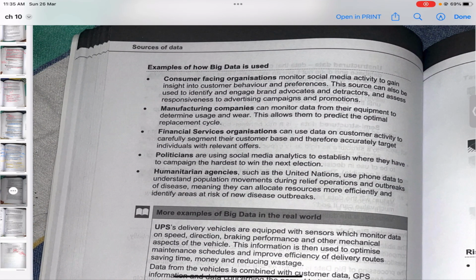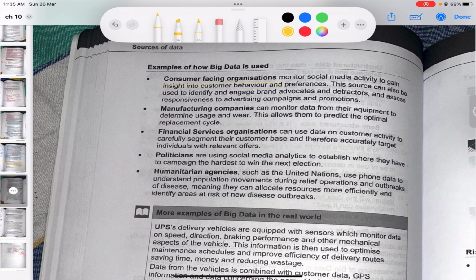So these are the ways in which big data can be used by management accountants. Now let's see some of the most crucial examples of how big data is used. Consumer facing organizations, you know how they use big data. Manufacturing companies use it to predict the optimal replacement cycle of their things, right? Financial services can use their customer base. Politicians use it for their campaigning.